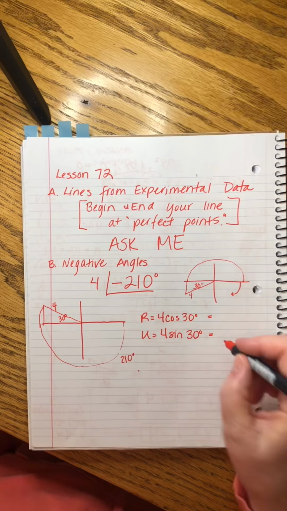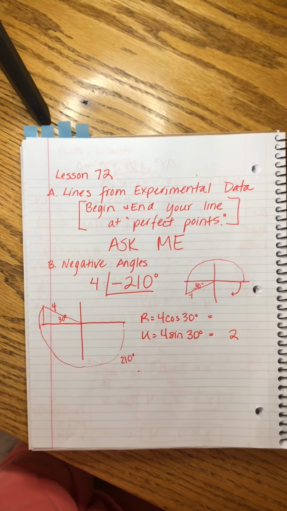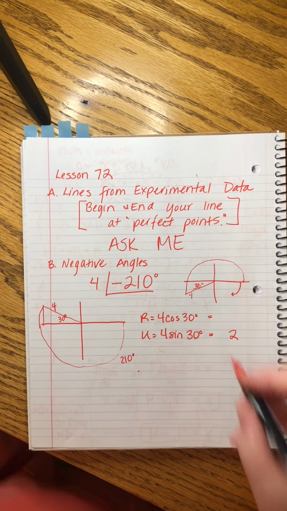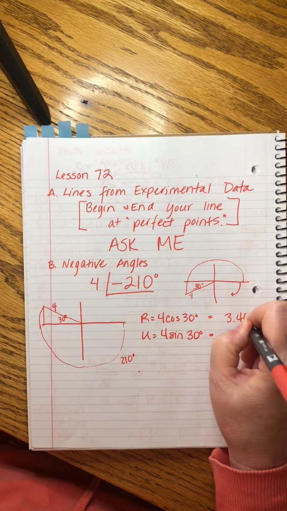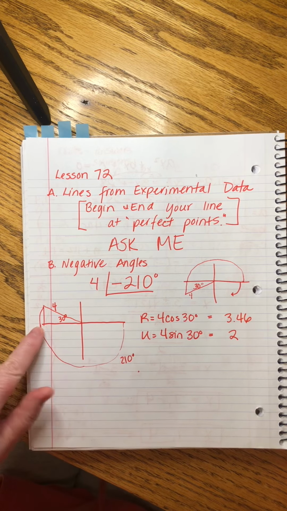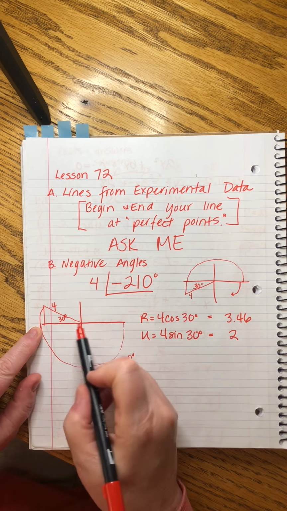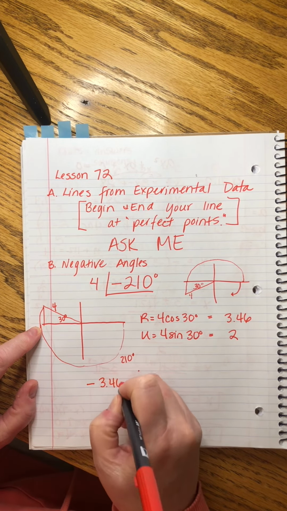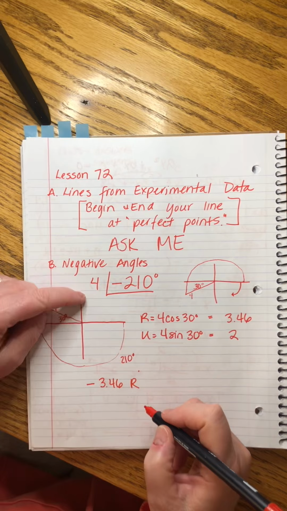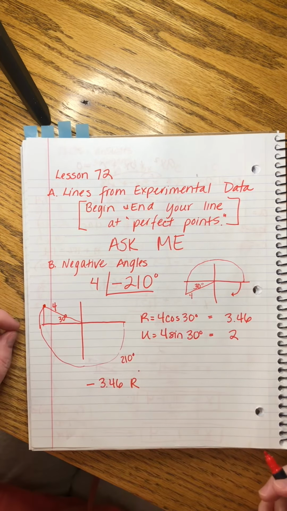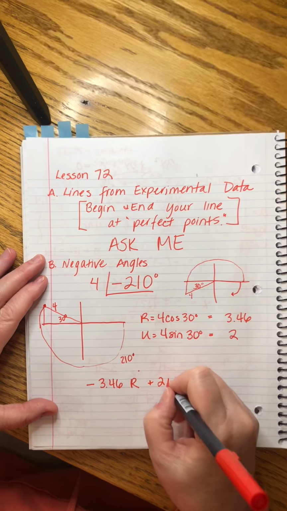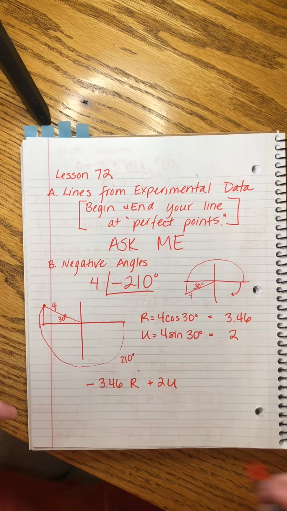The sine value is 2, and the cosine value is 3.46. Now I know this is going to be negative, so I'm going to write negative 3.46 to the right, but then I'm going to go up for the positive, right? Because my point's right there. So it's negative right, positive up, plus 2 up, and that is my jolly little answer.